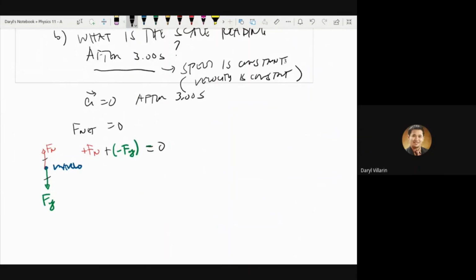So that means that the magnitude of the normal force is equivalent to your Fg, which is 588 newtons, which is your actual weight. So in this particular case, you'll get your actual weight.